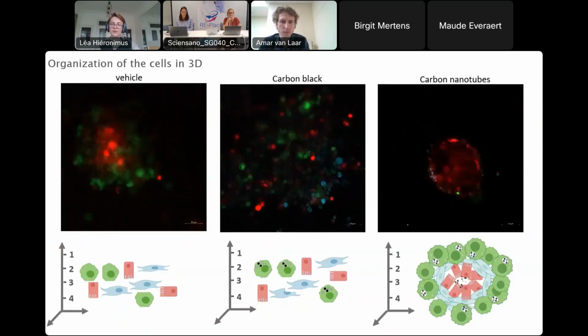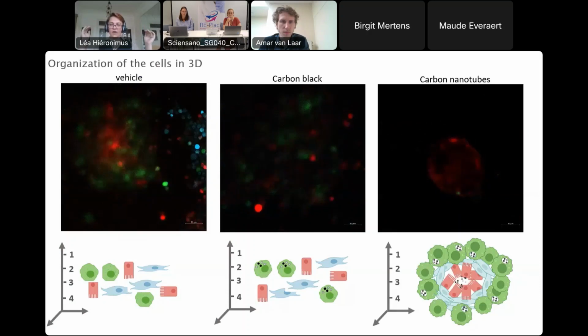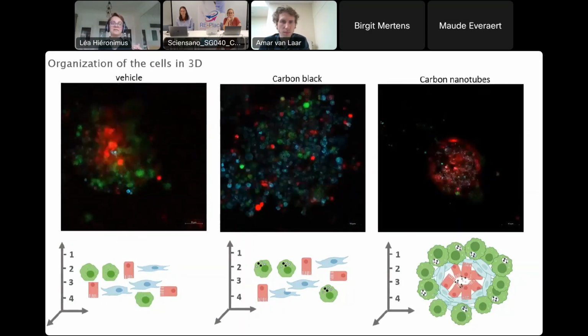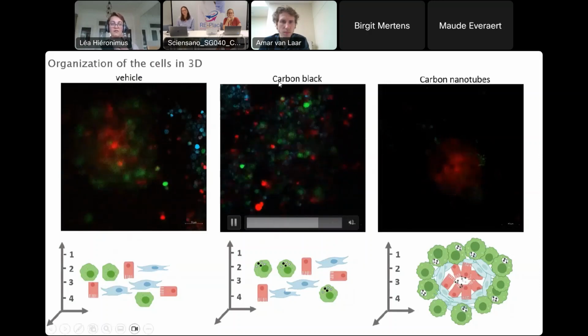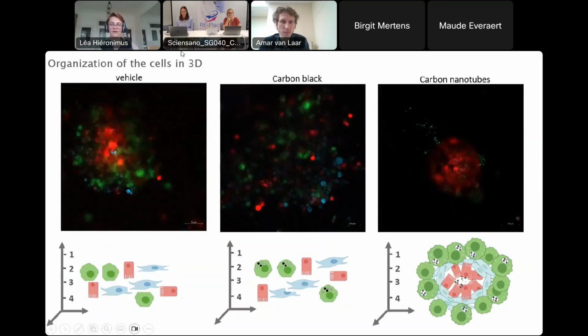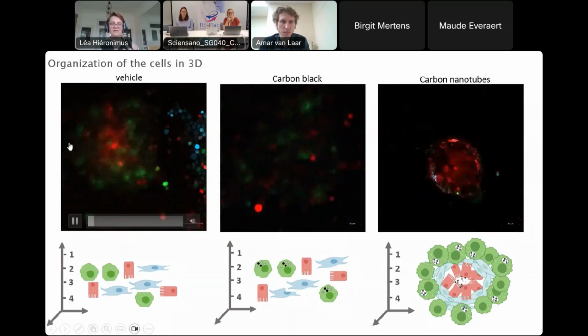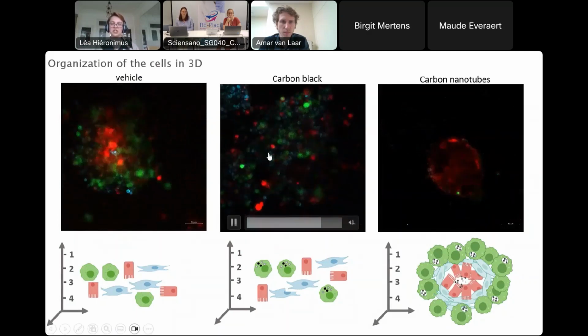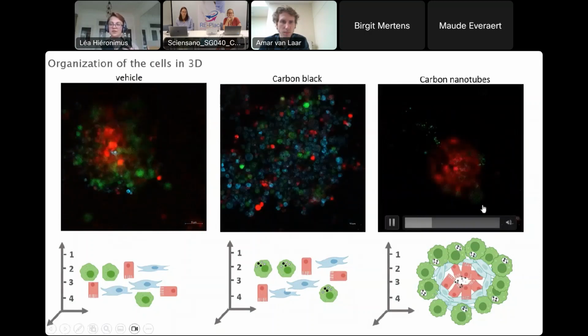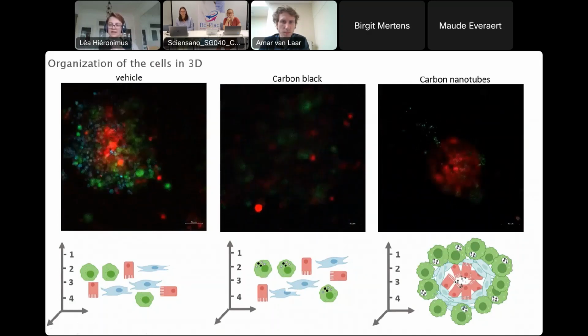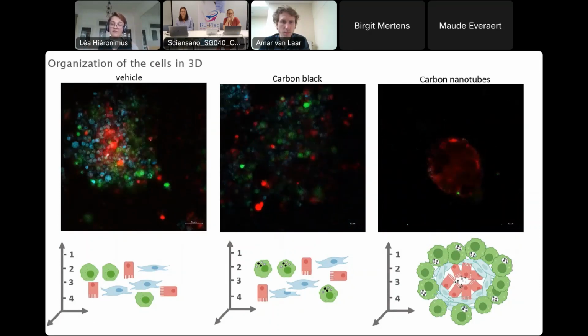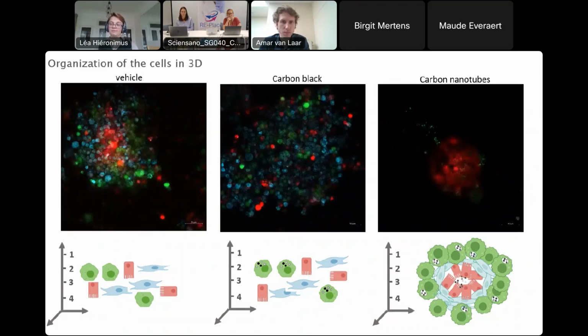For the spheroids, I went through the cells, through the different layers using the microscope to show you the 3-dimensional organization of the cells. In vehicle condition, there's no specific organization, neither for carbon black, but in granuloma-inducing conditions, you can still see the organization with this round, compact fibrotic core, and macrophages in green surrounding this spheroid.